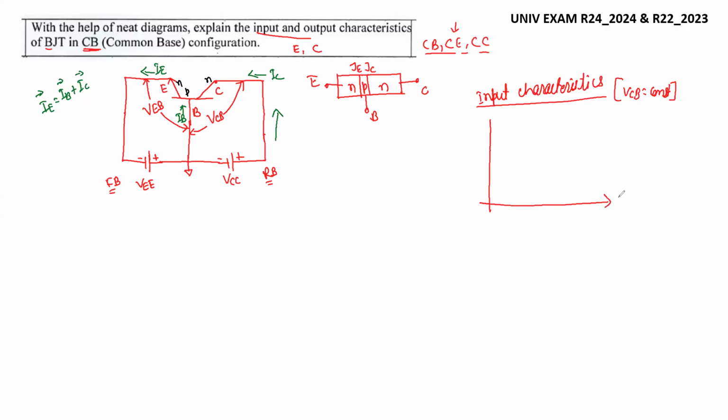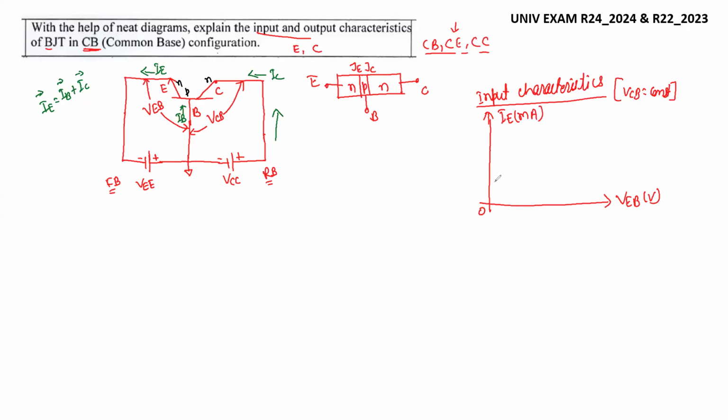So here we have input voltage, VEB, or you can write VBE, and current is what here? Emitter current, in milliamperes.